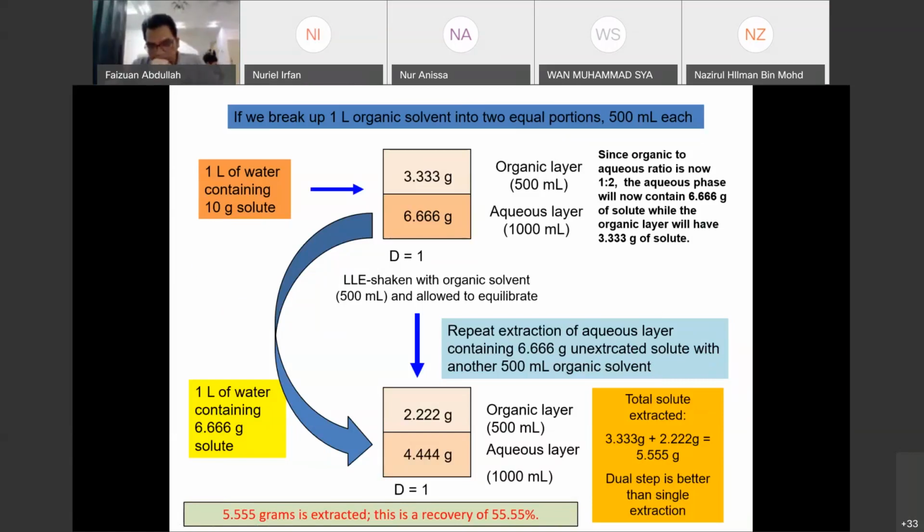But the dual step is better than single extraction. Why? Can you explain that? Why the dual step is better than single extraction? Anybody can give your idea?